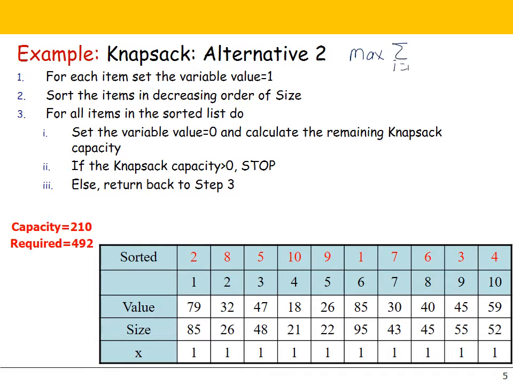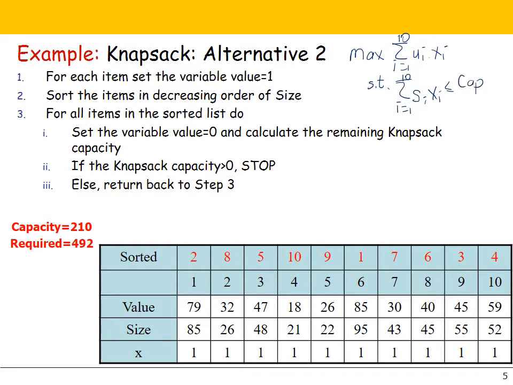We are trying to maximize our utility, the sum of ui times xi, subject to the total size of the items that we are taking with us being less than or equal to the knapsack capacity.